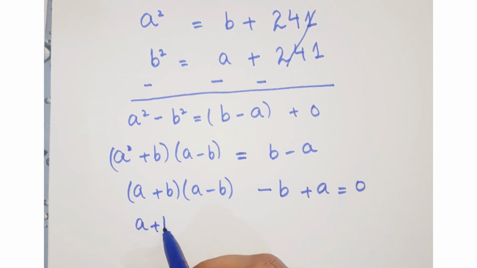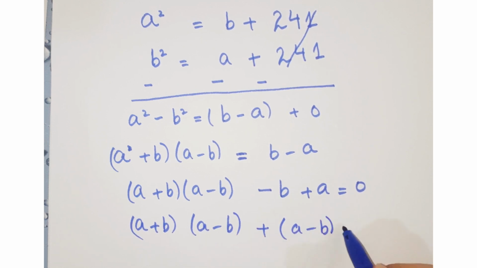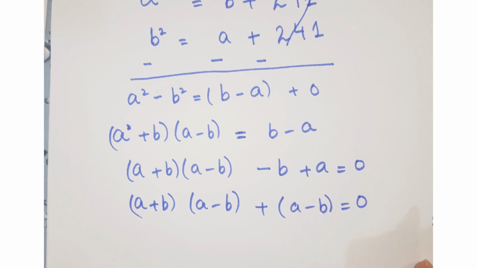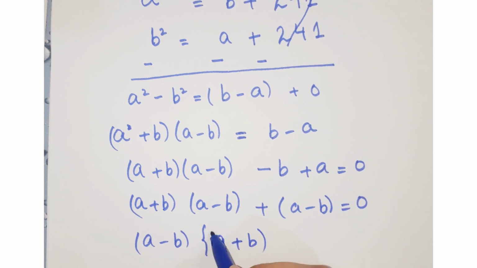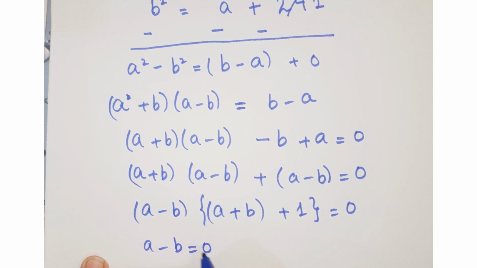So first of all, the sign of b gets minus, and this is plus a is equal to 0. Further, you can write it as a plus b into a minus b plus a minus b is equal to 0. Now taking a minus b common, so you have a plus b plus 1 is equal to 0. Now further you can say that a minus b is equal to 0, or you have a plus b plus 1 is equal to 0.